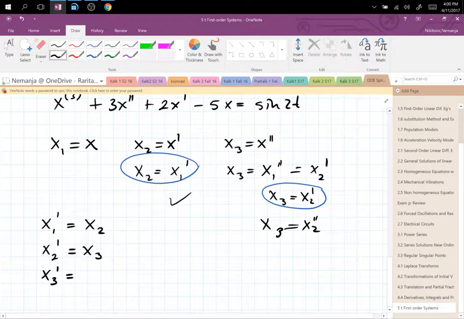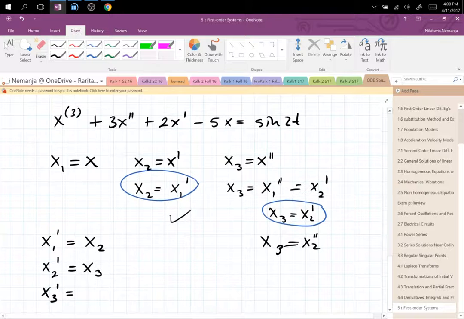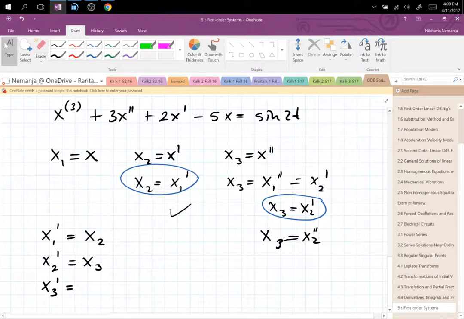Now x3 prime, something is off over here. I didn't put the prime there. X3 prime. So that's done. That's done.